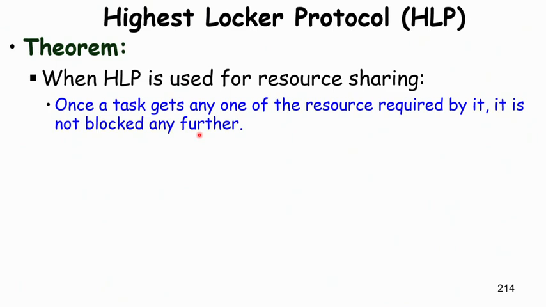A formal proof is given in the textbook, but informally we can understand that when a task acquires a resource, its priority increases to be equal to the highest priority that may use the resource. And therefore, if any of the resources that is used by a task is already acquired by another task, then that task would have higher priority and the current task would not be allowed to run.